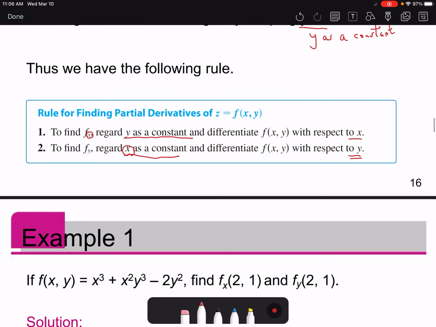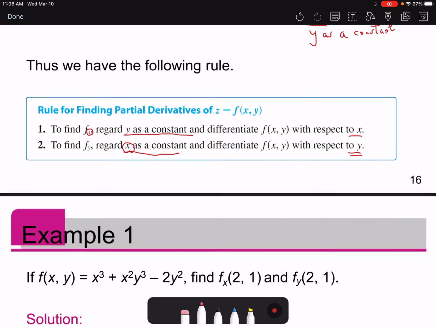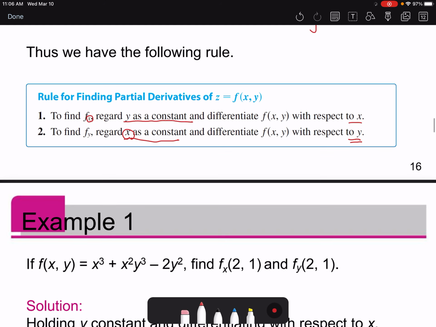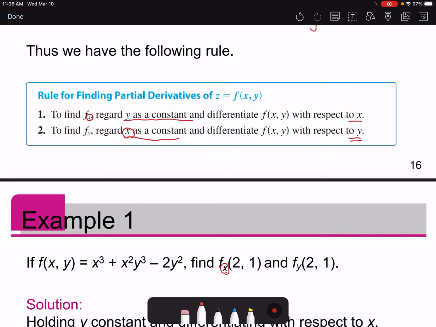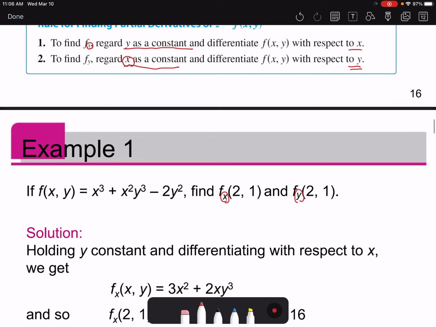Here is an example. You have the function f of x, y equals x cubed plus x squared y cubed minus 2y squared. Find the partial derivative with respect to x at (2, 1) and with respect to y at the point (2, 1). For the first one, we find the partial derivative with respect to x, holding y as a constant. The derivative of x cubed is 3x squared.